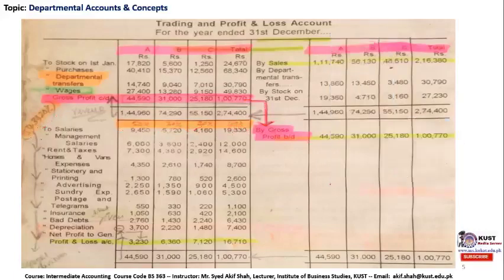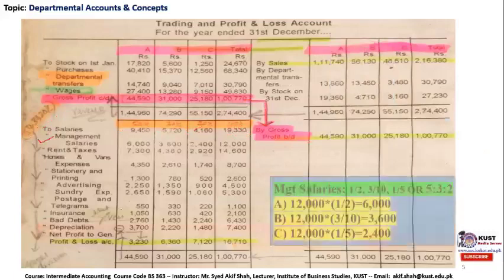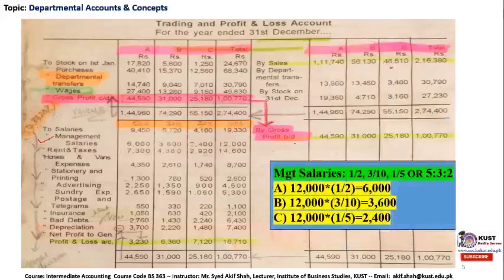The next step is really important to understand: the management salary. Let's see how to divide it. The ratio was clearly mentioned: 1/2 should be charged to Department A, 3/10 to Department B and 1/5 to Department C. The total management salaries in the question are 12,000.